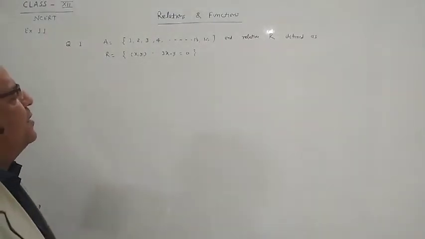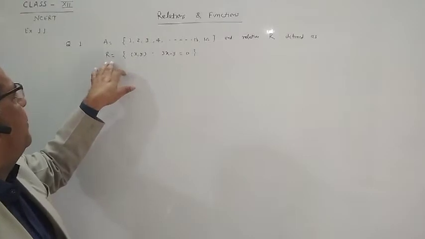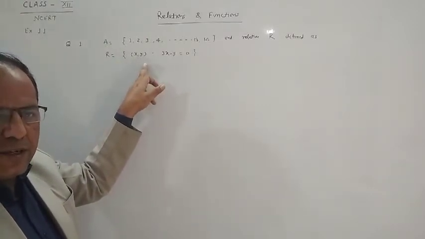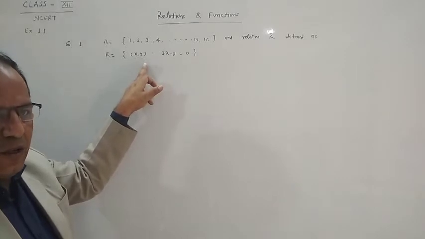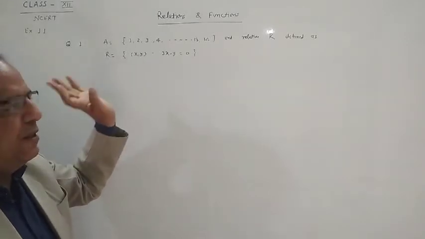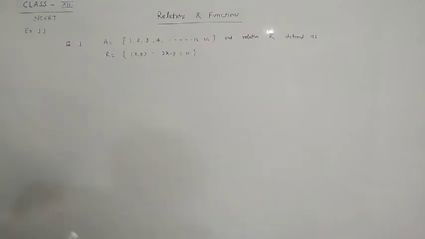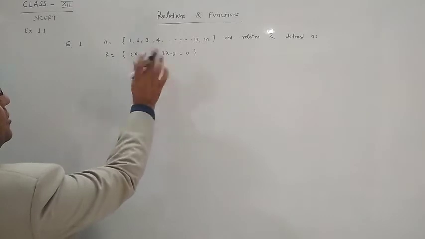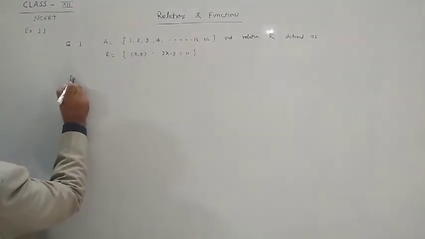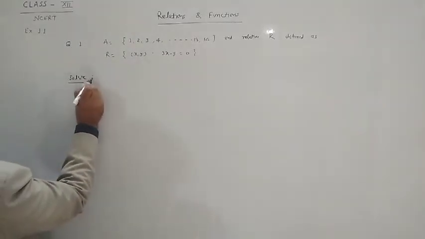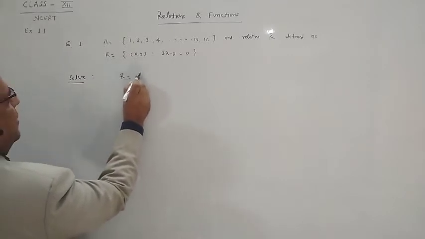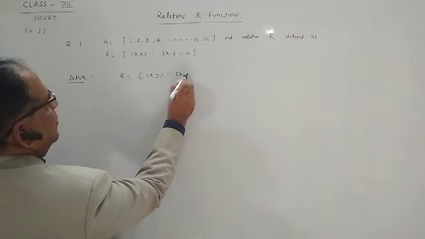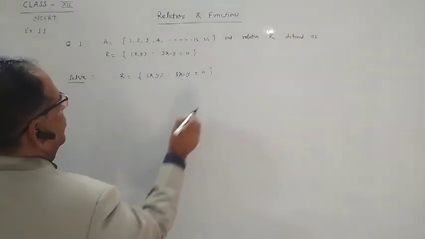We want to check whether this relation defined on the set A is reflexive, symmetric, transitive or an equivalence relation. So according to the definition, R is given as (x, y) with 3x minus y equal to 0.